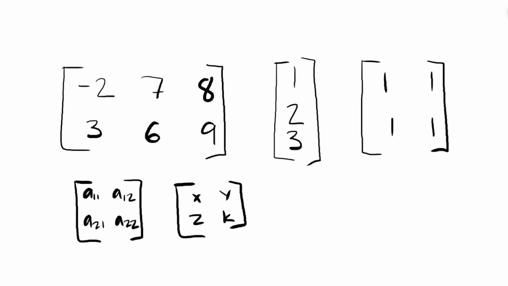But I chose to write it with A, and that is one of the most common ways to denote a matrix. A matrix is very commonly denoted with a letter. Let's say, for example, this matrix we would denote as A, and A is equal to this, and then we have what's inside of A.